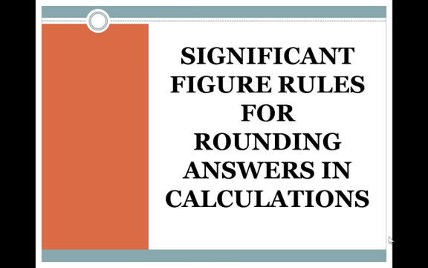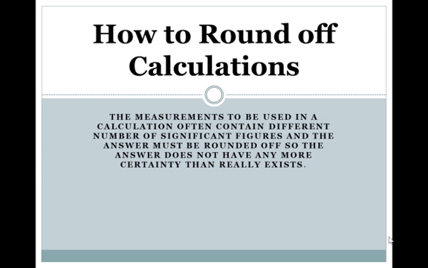In order to reflect the true uncertainty of calculations within a measurement, the number of sig figs in the answers should be determined according to the specific rules that we're going to talk about in this section. First, it would be helpful to review the rules for rounding off answers achieved through calculations in the science class.